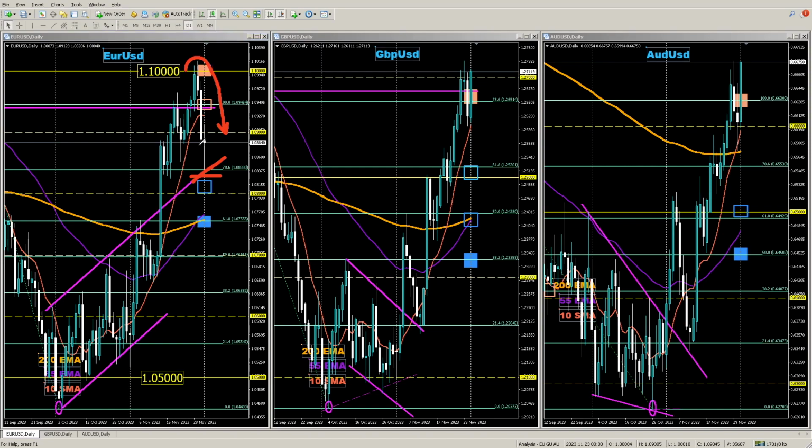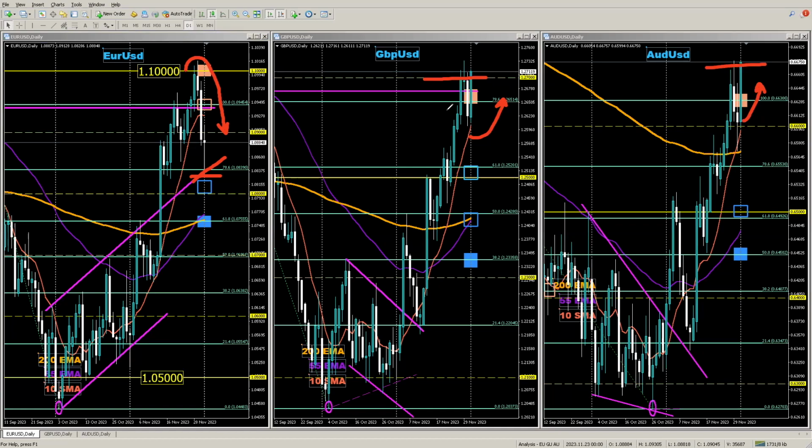So there's some hope that there could be an end of rate hikes, a pause, and possible rate cuts in the future. Whereas the pound sterling and the Aussie dollar gained over the US dollar, climbing up to test recent highs.